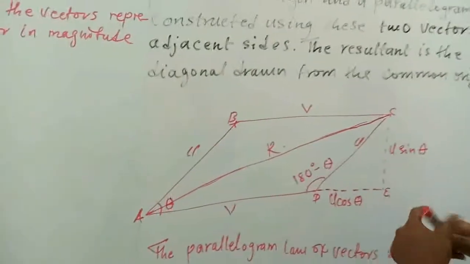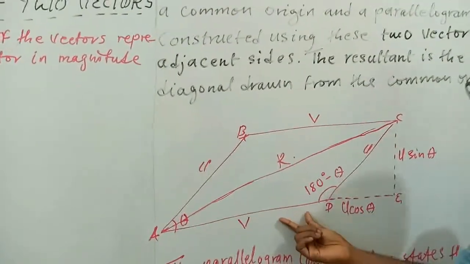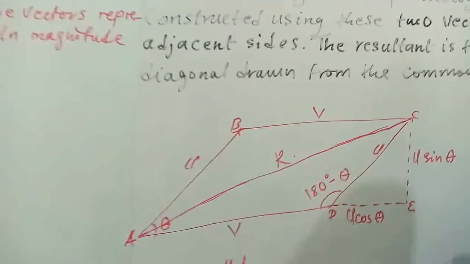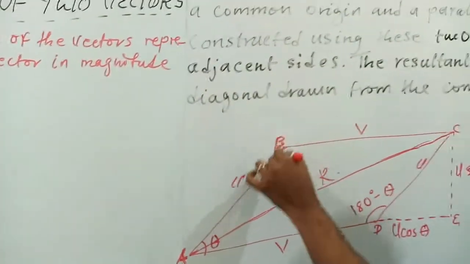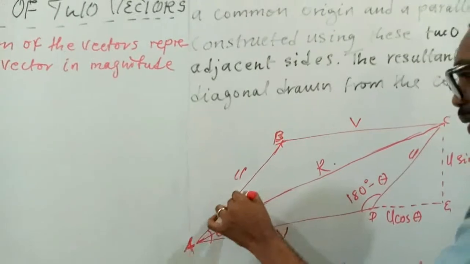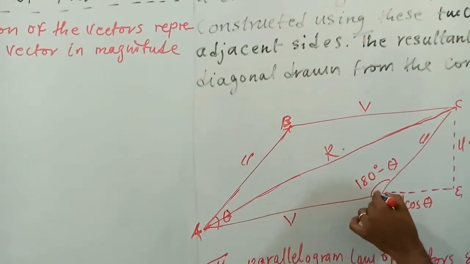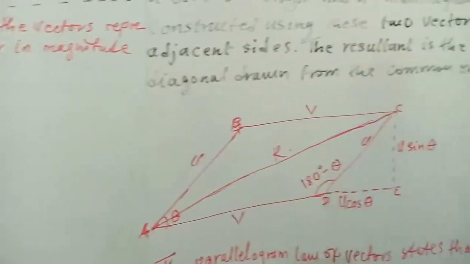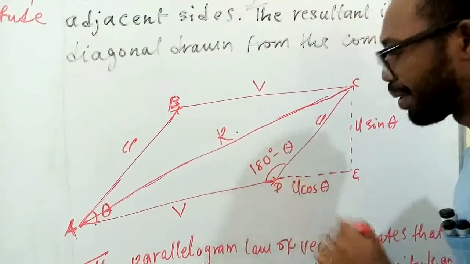Okay, now if you look at this sketch on the board, the shape of a parallelogram. First of all, this is point A, this is B. So we'll take this to be vector U and vector V. Isn't it? This is a vector, this is also a vector.